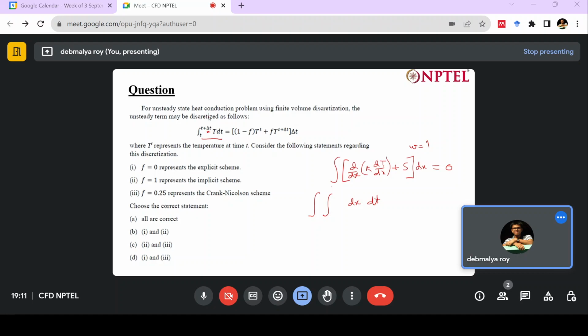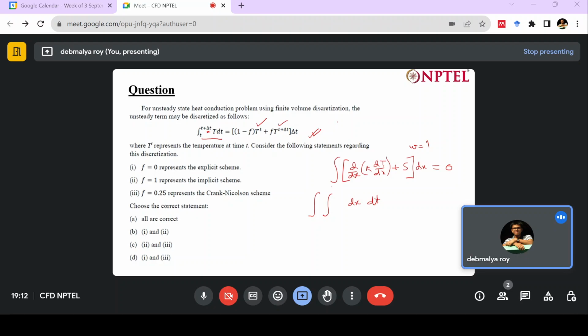Once we do that, it becomes very essential for us, like we did in the spatial coordinates, to have a profile assumption of T with respect to time. So that's where this expression comes in. You can see in this expression, we have represented the temperature in terms of temperature at time t and temperature at t plus delta t.